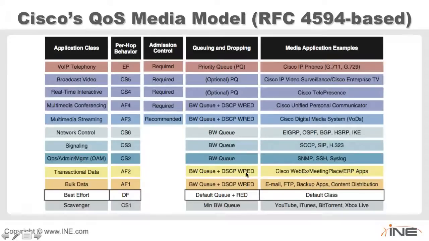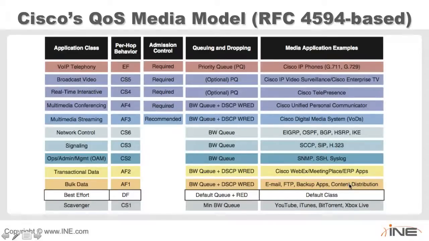So this might represent bulk data, AF1, so 11, 12, and 13. Again, guaranteed queue and weighted RED based on DSCP. Might be email, FTP, backup applications, content, all TCP-based information. And then we've got best effort, which is default, which is 0. This is default queue and RED, so just random early detection.